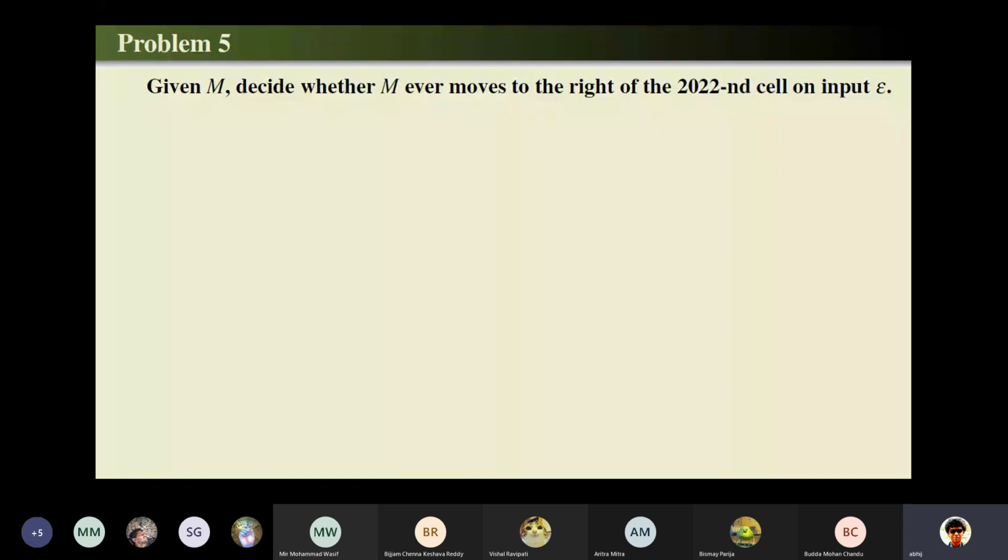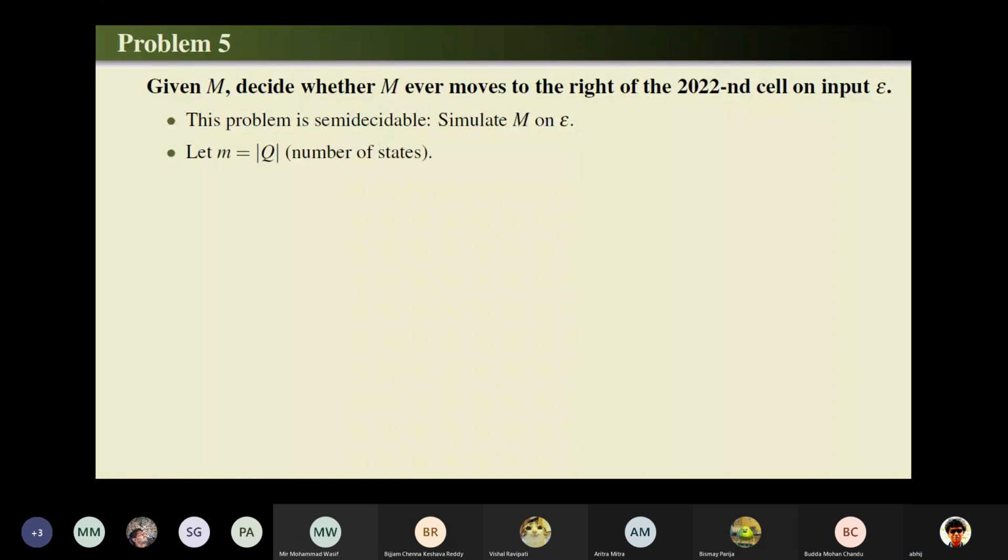So the idea is something like this. Why did I write semi-decidable? It is actually decidable. This is semi-decidable: simulate M on epsilon. That's definitely true, and even if that simulation is infinite, you can do it. But I want to prove that this is a decidable problem, so I have to build a decider for this.